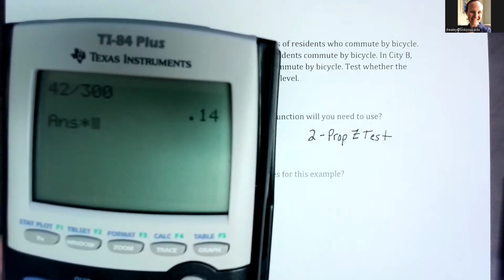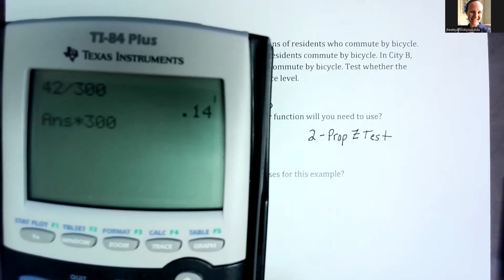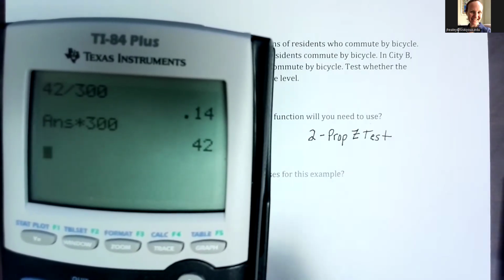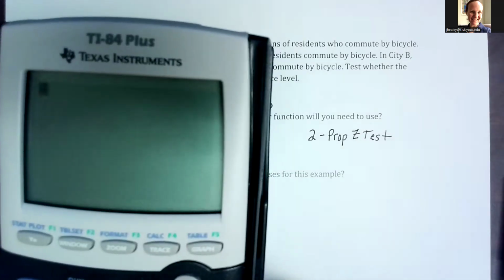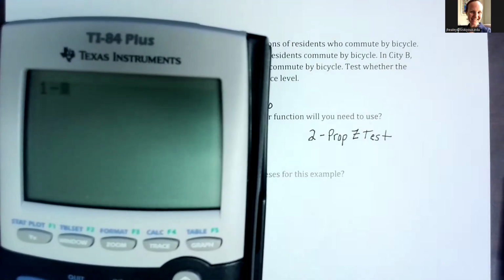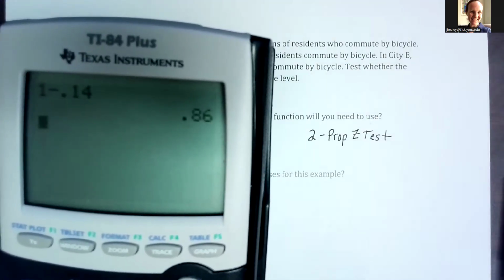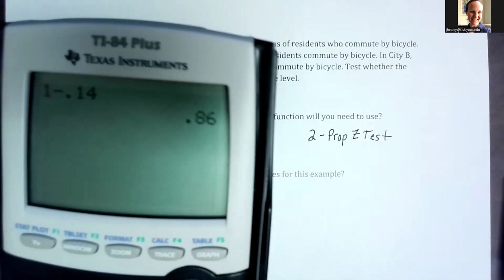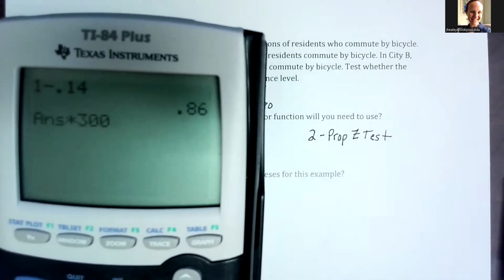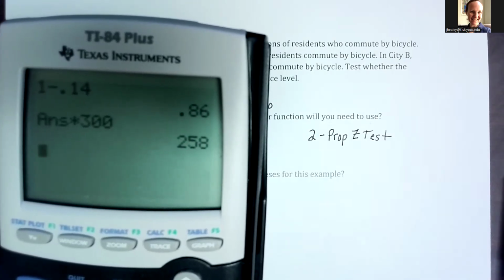I'm going to multiply that times the 300, which is the N value, and make sure we get above 5. We totally do, so we're good to go for that. So the 0.14, in order to get the Q, I have to do 1 minus 0.14, and that's going to be my Q hat sub 1. So I get 0.86. We're going to multiply that times the N1, which is 300, and we definitely got more than 5. So our first proportion is good to go.